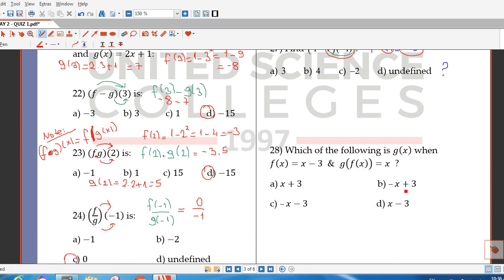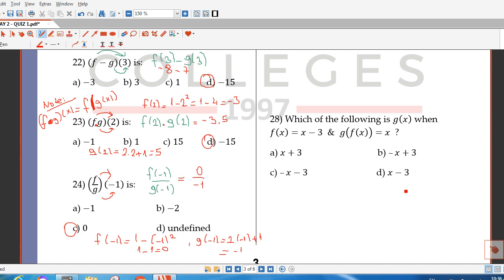Question 28. Two functions are given. One of them is the composition function. What is the meaning? Function f is going to be written in the function g. Function f is given. The question is to find the function g. The composition becomes x. So there is no shorter way.